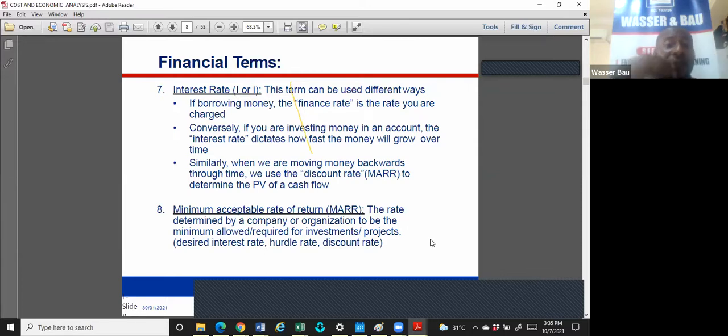Or if you are investing in a business, if the interest does not meet your minimum acceptable rate, you will not loan the money or go into that business. So that interest rate you have set as your margin, as your breakpoint, is what we call the minimum attractive rate of return. It simply means that anybody doing business with you cannot do business below that interest rate. It only has to be higher.